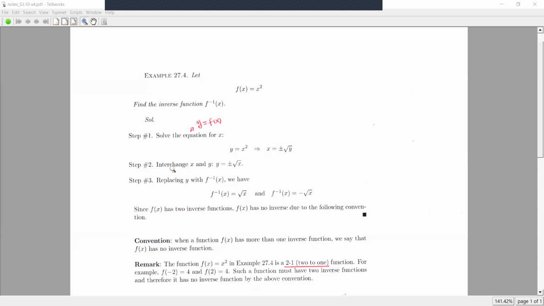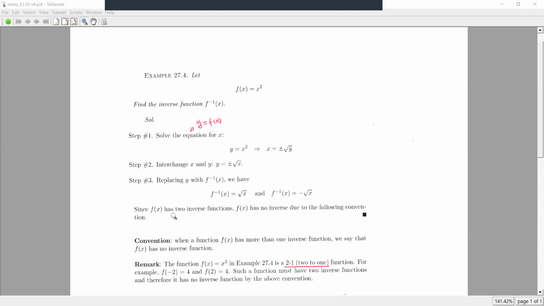Step 2. Interchange x and y in this equation. Then I have this equation. Step 3. Replace y, the y here, with f inverse. Then I have 2 inverse functions.